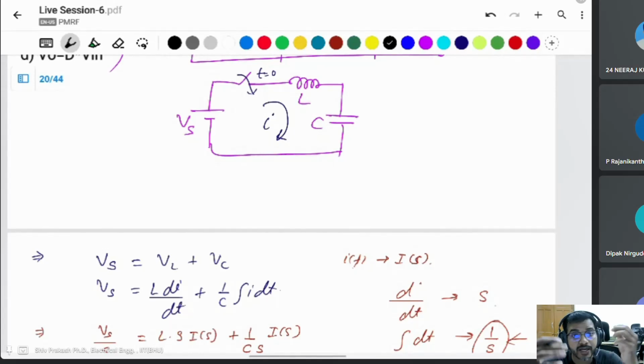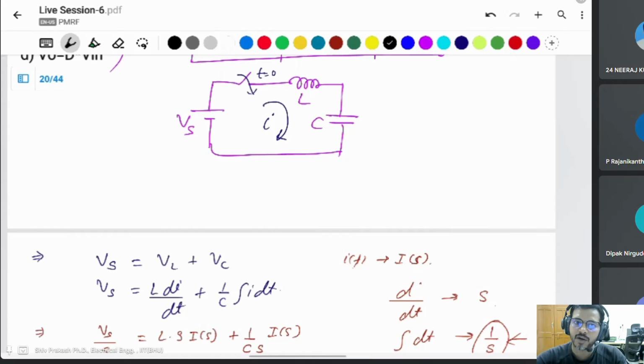Then the current will be AC, a sine wave. In a DC circuit the current will be AC, with the inductor and capacitor there. That's why the inductor and capacitor work here in a DC circuit also, because of the switching.